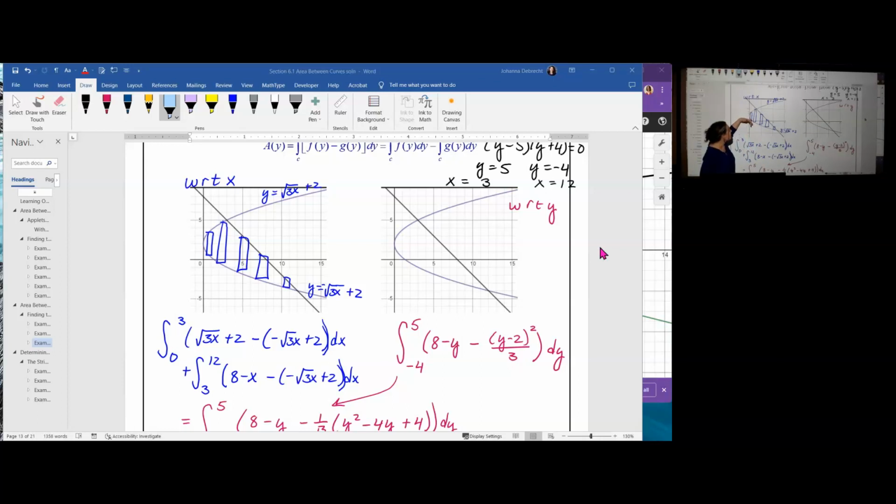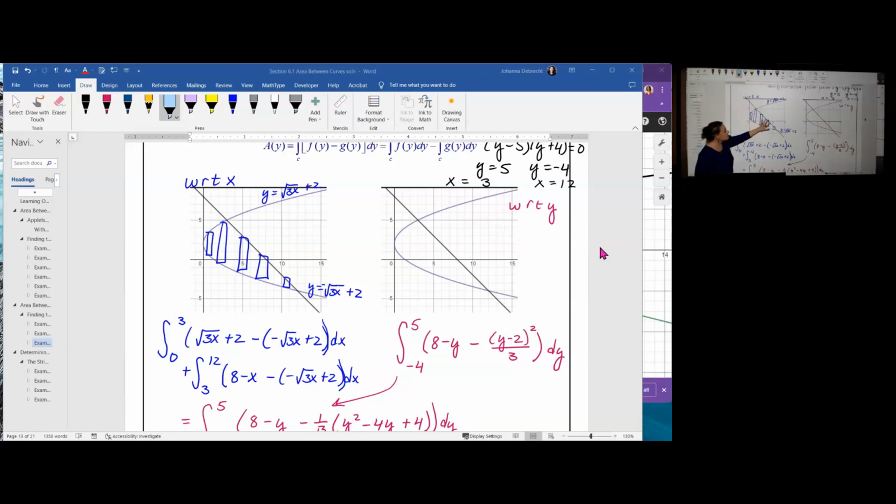Notice that I have the upper arm of the parabola over the lower arm of the parabola up to the first intersection point. Then I have the line over the lower arm of the parabola to the second intersection point. This would require two different regions and two different definite integrals.